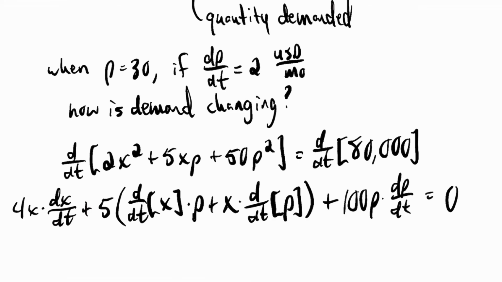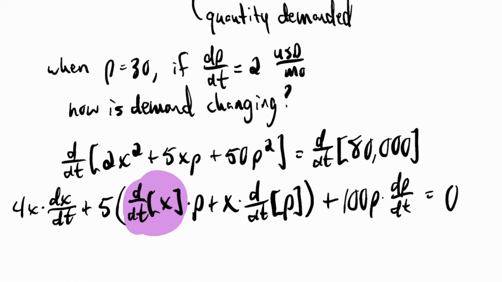So I still have to work with these guys. I just wanted to do it in 2 steps. So the derivative with respect to time of x is dx dt. Again, as before, we don't have x as a function of time, we just know that it changes as a function of time. And then d dt of p is dp dt.